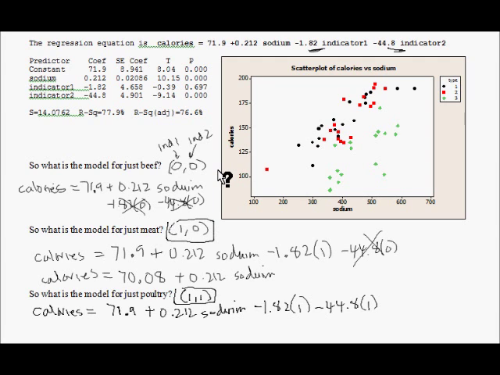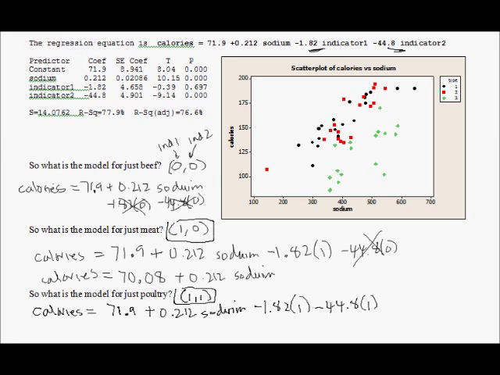So now I'll need my calculator for that. So I'll take 71.9 minus 1.82, which we got before was our 70.08, but now also minus 44.8. Gives us 25.28.